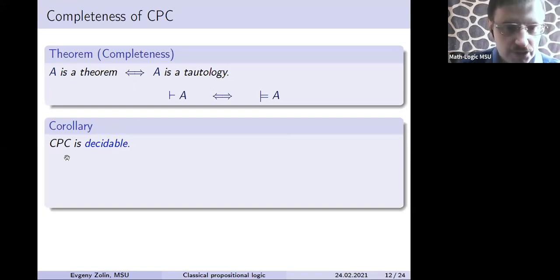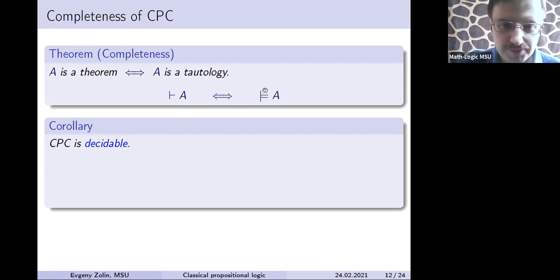What do I mean? So if we have some axioms and some rules, we can pose the following question. Take a formula. Can we decide whether it is provable from these axioms or not? The only thing we can do is to build proofs one by one until we obtain our formula. But we have no guarantee that we will finally obtain a derivation, or if this formula is not provable, it is not clear when to stop.